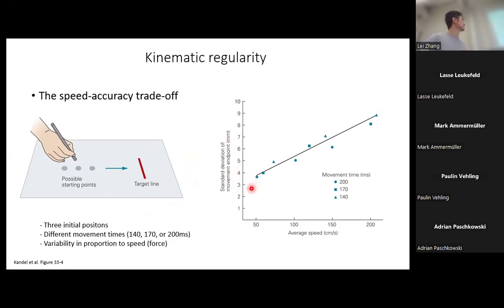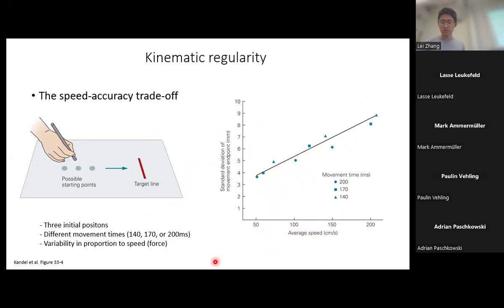This is kind of intuitive. It's not so surprising. And if we plot the x-axis as the movement speed and the y-axis as the endpoint error, we see this more or less linear relationship between the two.